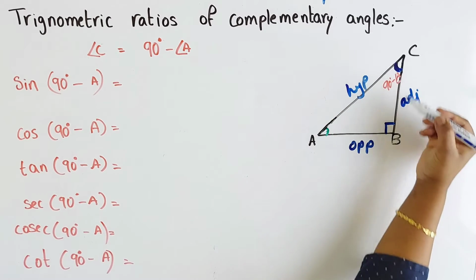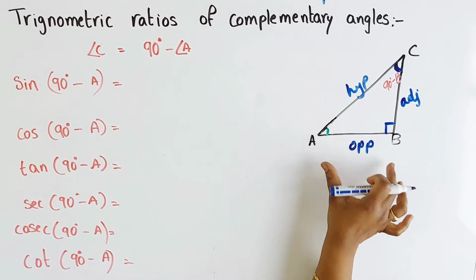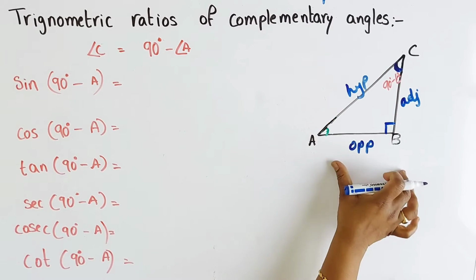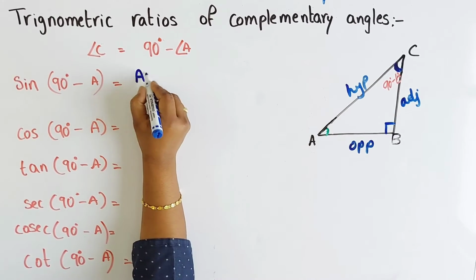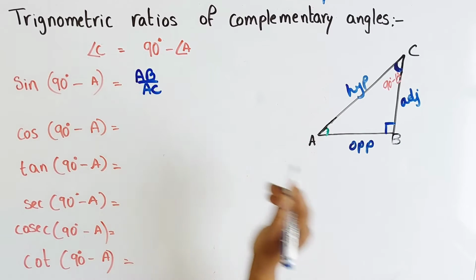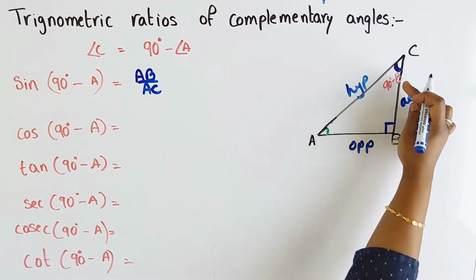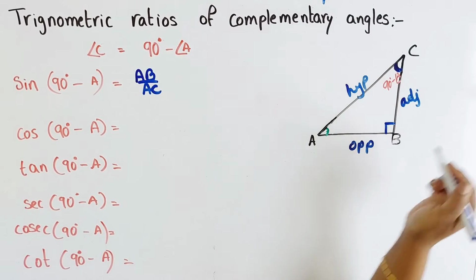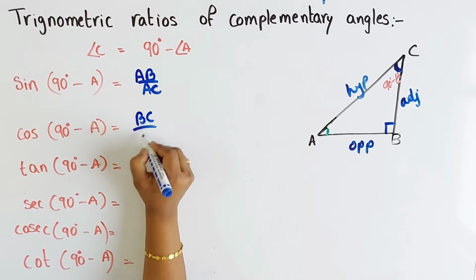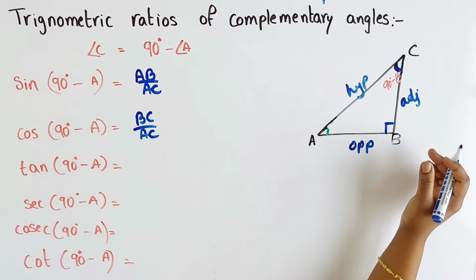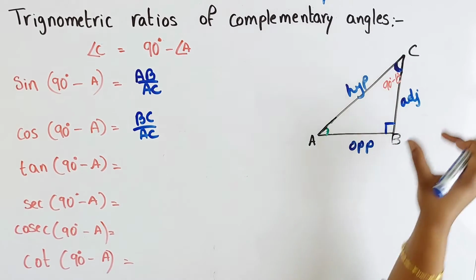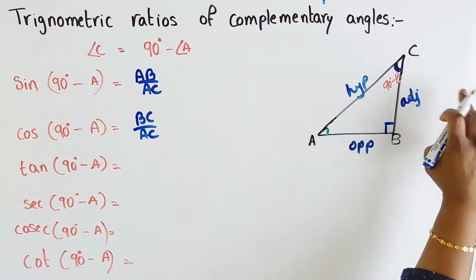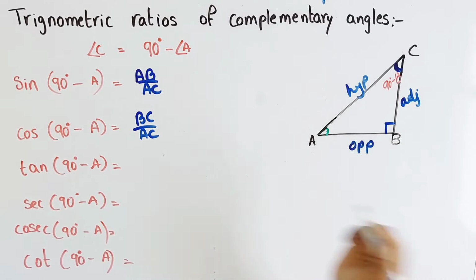Now tell me, sin 90 minus A equal to opposite divided by hypotenuse, that is AB by AC. Now cos 90 minus A equal to adjacent by hypotenuse, that is BC by AC. Now tan 90 minus A equal to opposite by adjacent, that is AB by BC.